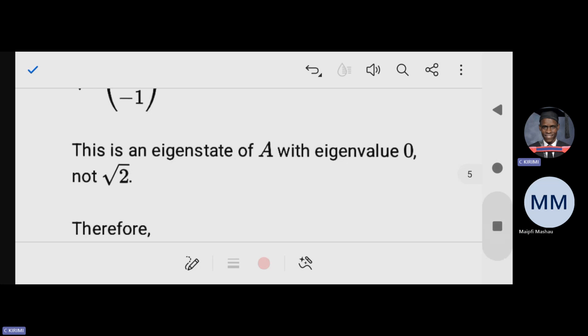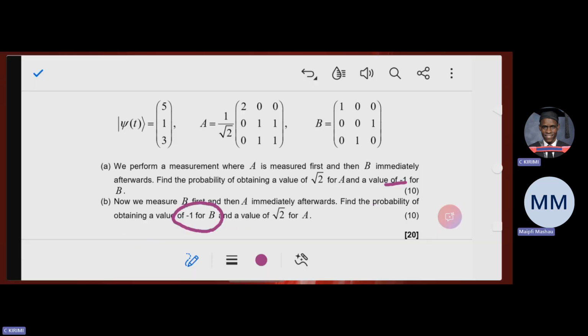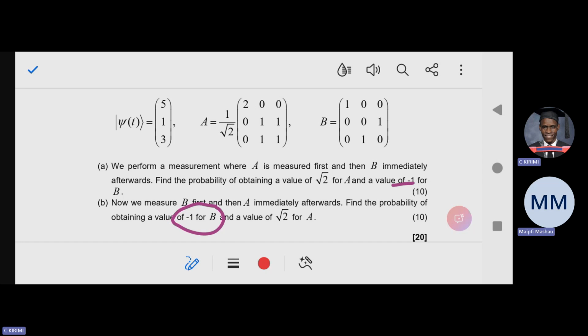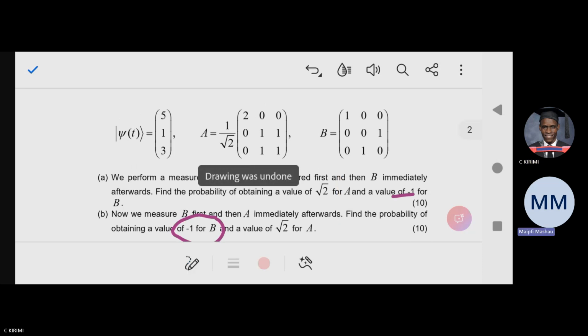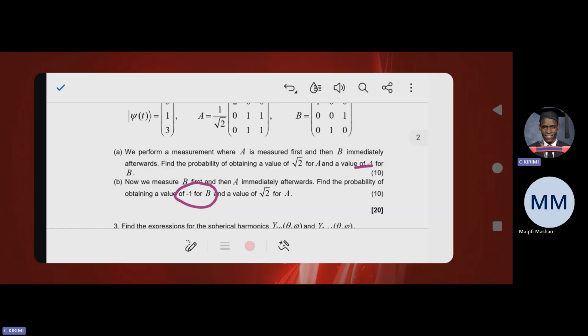Remember, on the question, you were told we want the probability of obtaining a value of A for root of 2 and B is negative 1. So we must bear that in mind when we are doing our calculations.